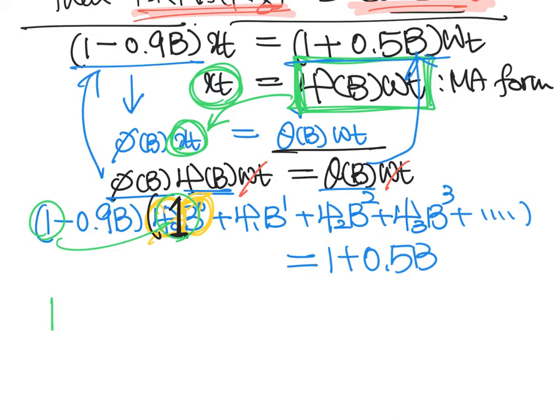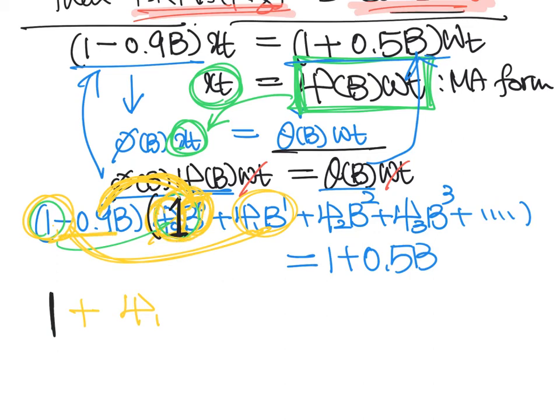So let me take 1 and 1. This will be 1. And the next one, from here, we have a B term. So it's a plus phi 1. And between these two, we are going to have another B term times 1. But there is a minus 0.9, minus 0.9, and B. Okay?